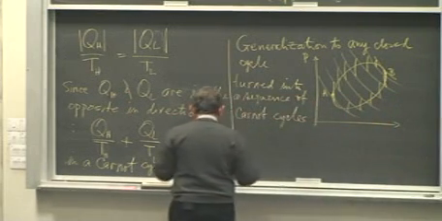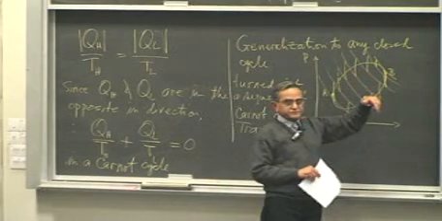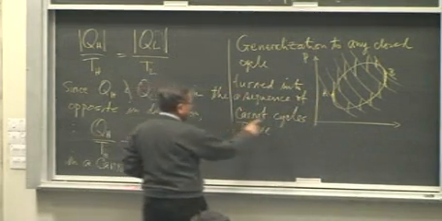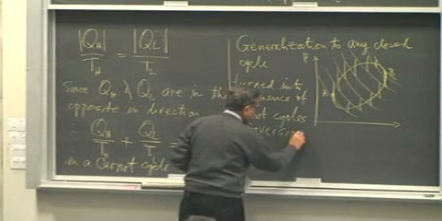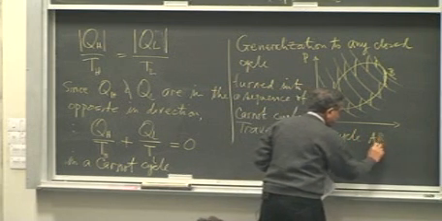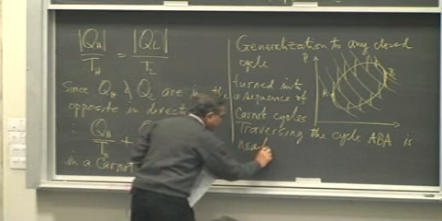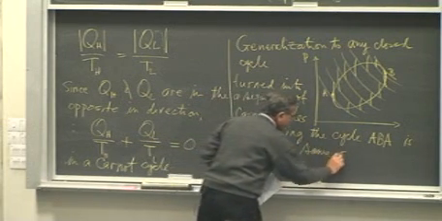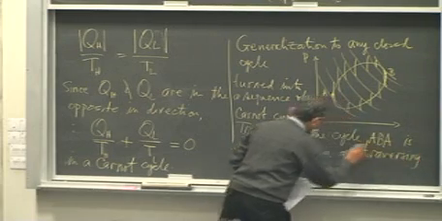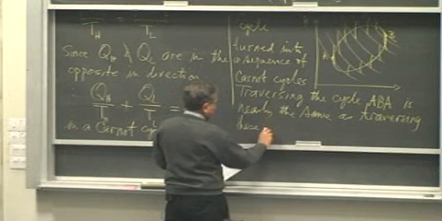So if you go on this particular cycle, traversing the cycle AB, A is nearly the same as traversing over these Carnot cycles.